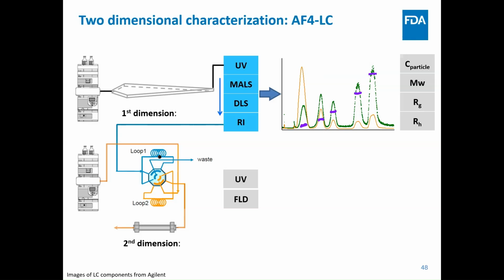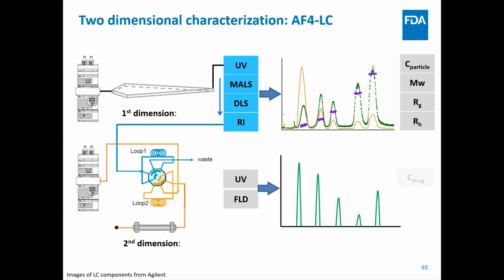The separation mechanism of the second dimension should be different from the first dimension. The first dimension separates based on size, and the second dimension should rely on another type of mechanism, for example, the chemical composition difference. So in that case, if we use LC-UV as the second dimension, each tiny separated fraction will enter the second dimension and then will be analyzed.